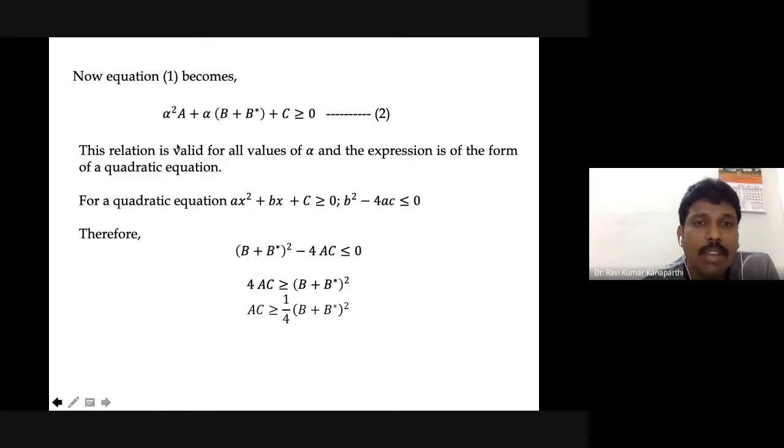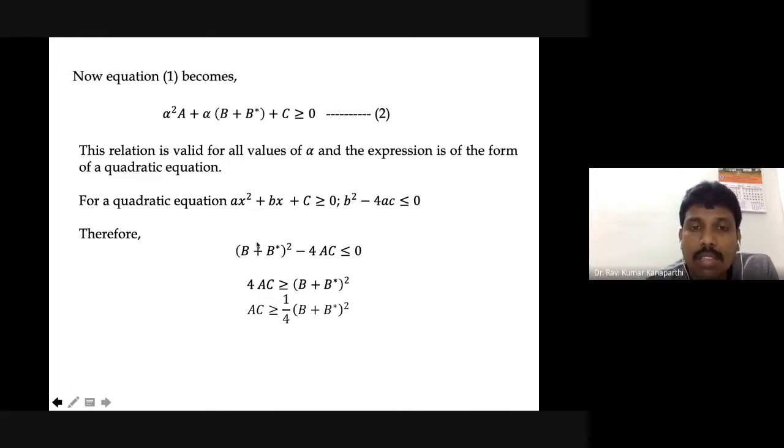Here, in place of b, what we have is B plus B star. So B plus B star square minus 4AC must be less than or equal to 0, since the quantity is greater than or equal to 0.